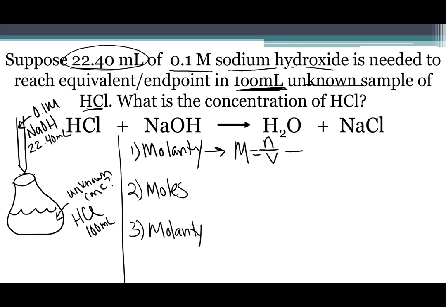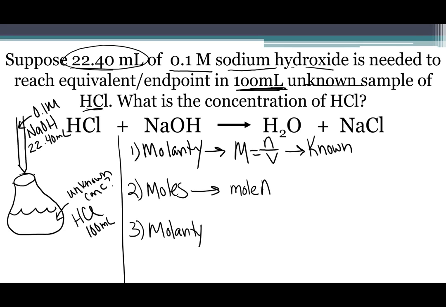And this is going to be of our known. It makes sense to start with what we know. Okay. Moles. Here's where we're going to do that mole to mole ratio.